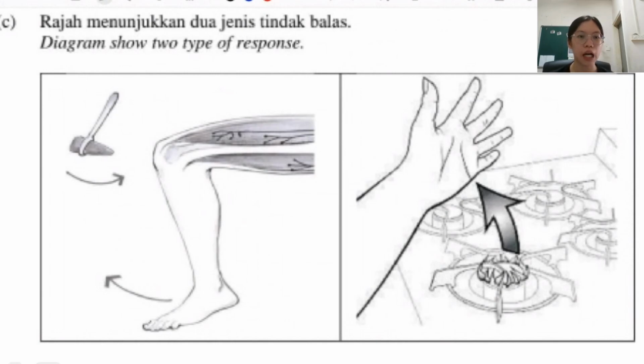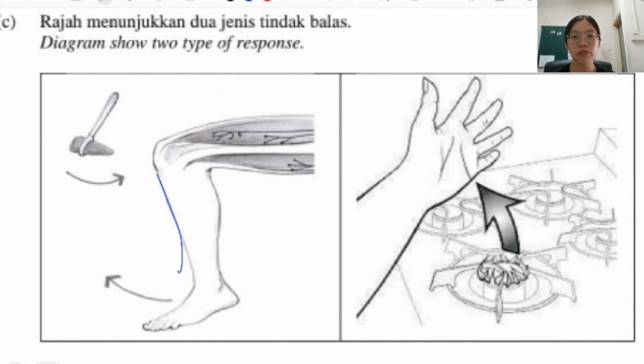So both are involuntary responses. The knee jerk is a spontaneous, very quick response. On the right-hand side, you also move away your hand quickly, so it is an involuntary response.